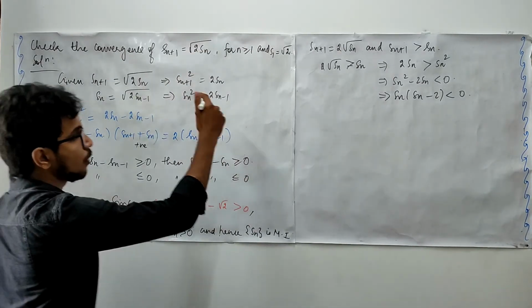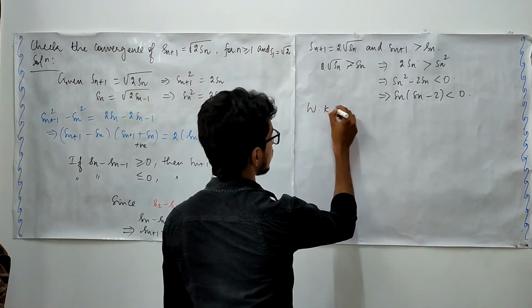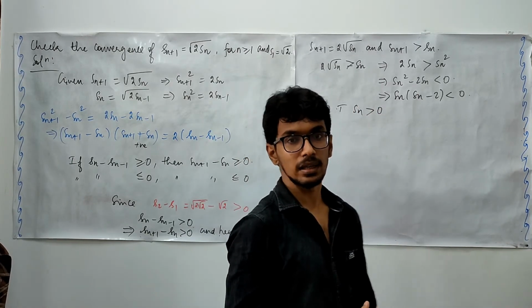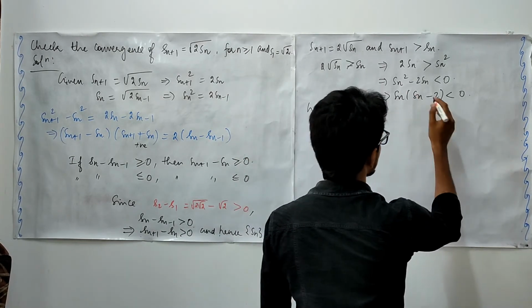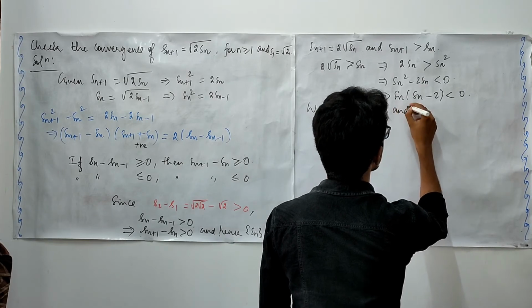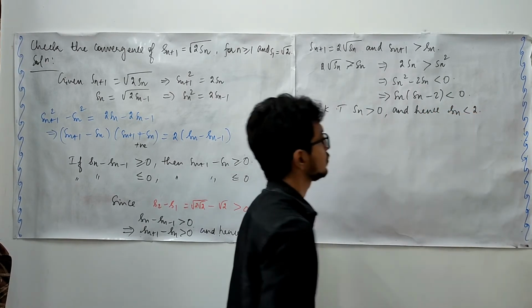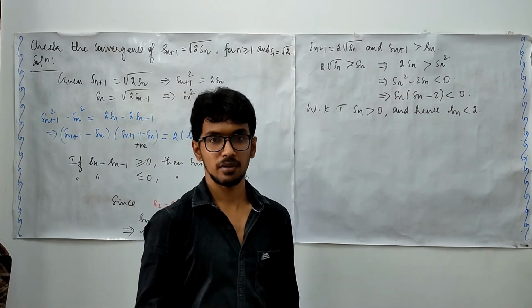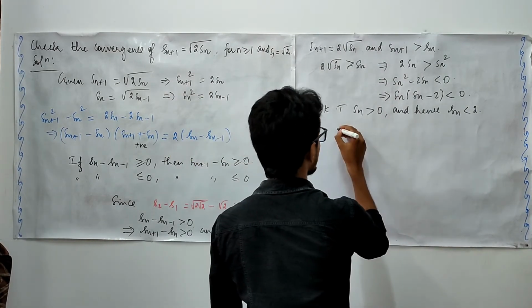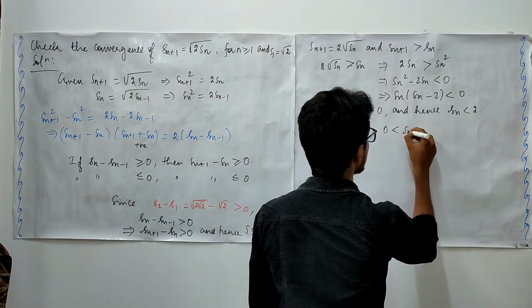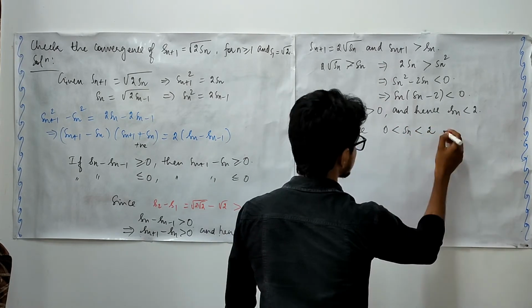From this we know that Sn is a positive quantity, right? Hence this implies what? And hence Sn must be less than 2. This is what we have, right? So combining these two things, what we have? 0 less than Sn less than 2.